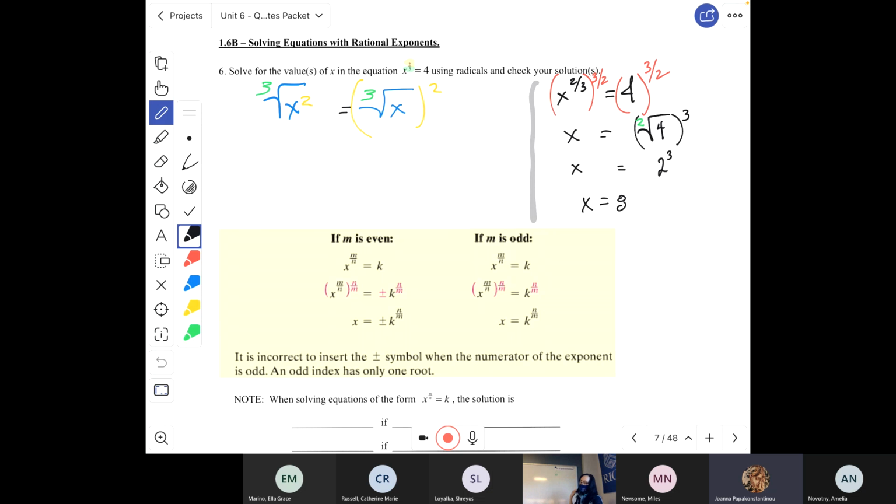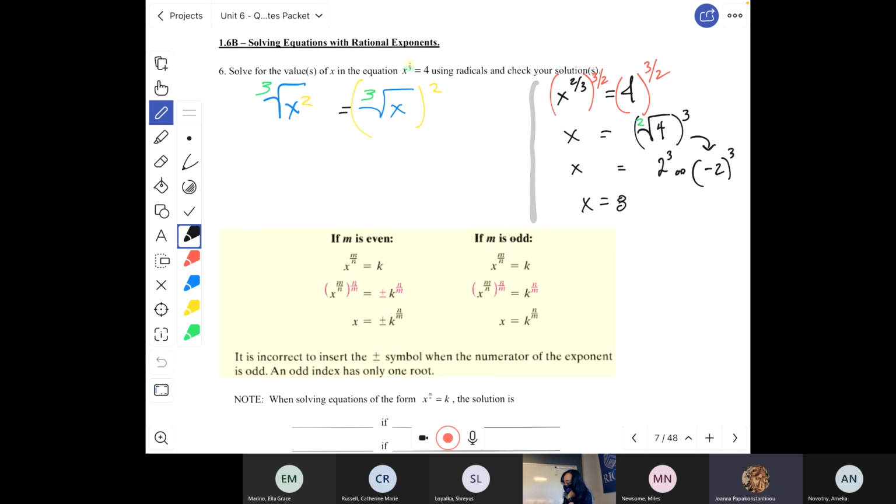Now, the interesting thing is, when we're taking the square root of a number, the square root of 4 in particular, is there not another number that when I multiply it by itself, I get 4? -2. So technically, this could be -2 cubed, right?